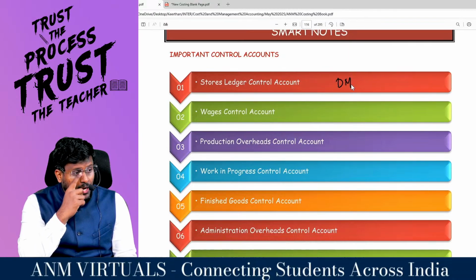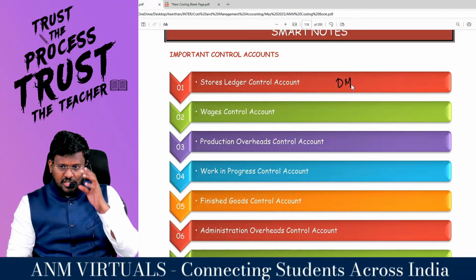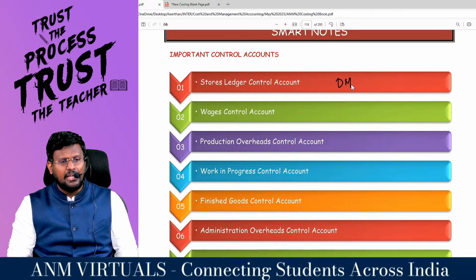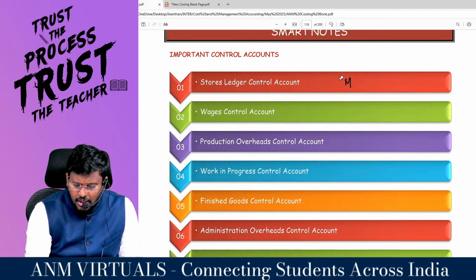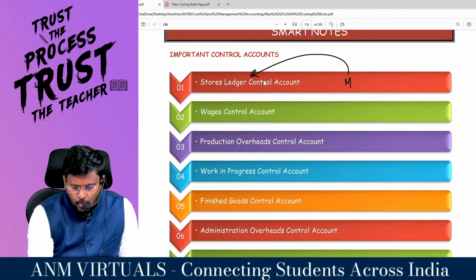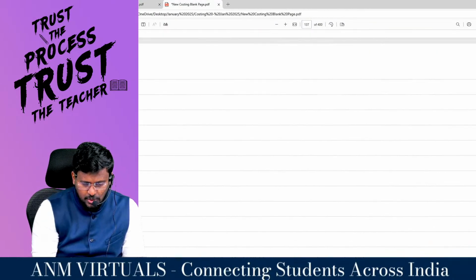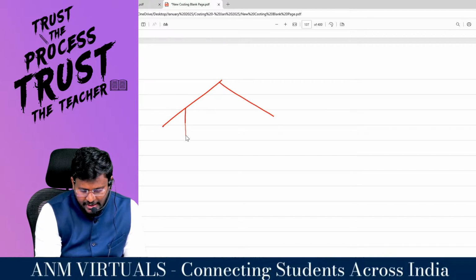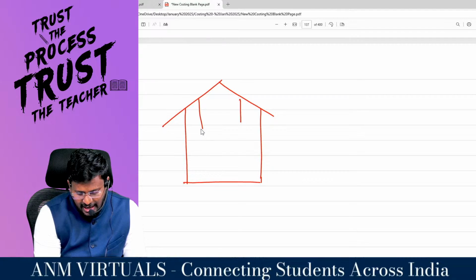The same way for the purchases and sales of stores ledger, for the direct material, basically material, you have to record all the material items in the stores ledger control account. From now onwards there is going to be a place, this is called your stores. I am going to tag here as stores.